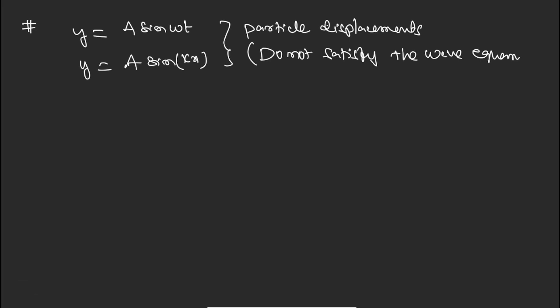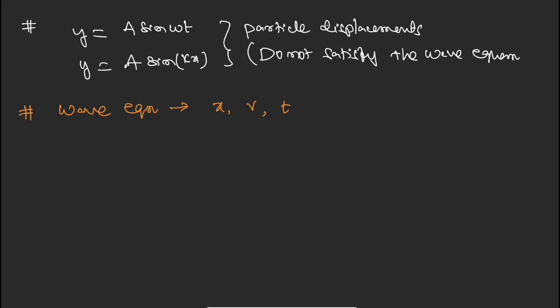When you're writing about the wave equation, the function should contain three quantities: x is the position, v is the velocity, and t is the time.